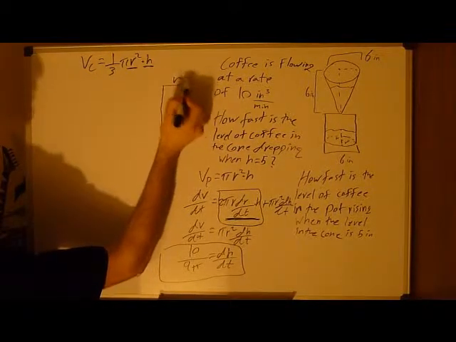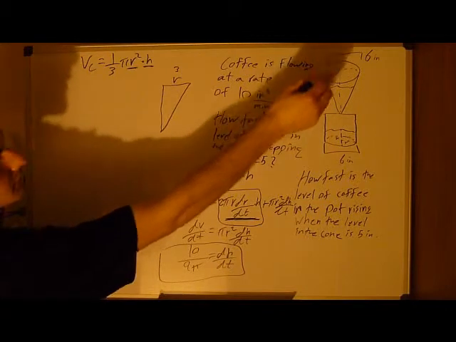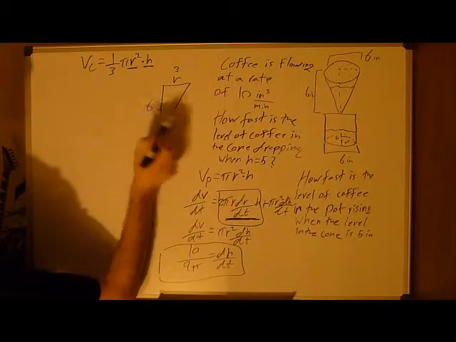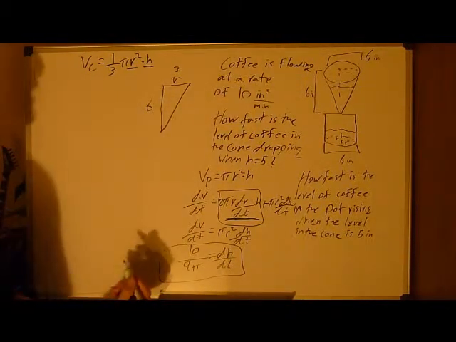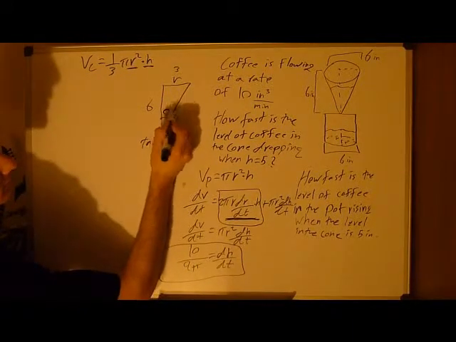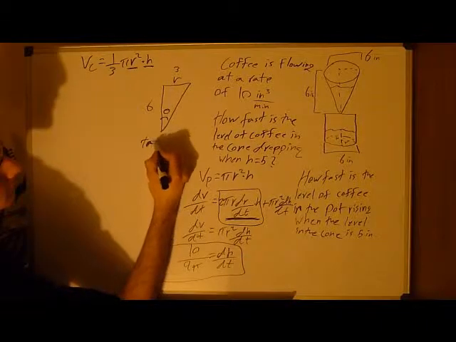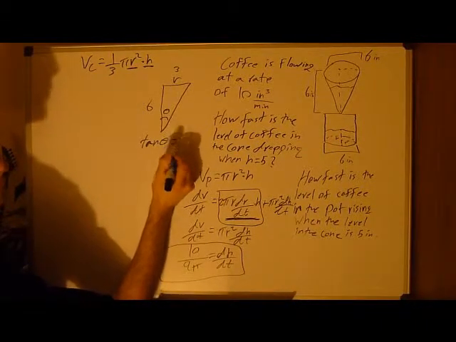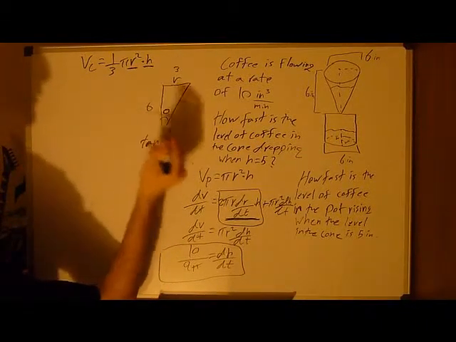So this is r, which is actually 3, because it's half the diameter, and this is 6, which is the height. So tangent of theta, this is theta of course, is equal to 3/6, which is 1/2.